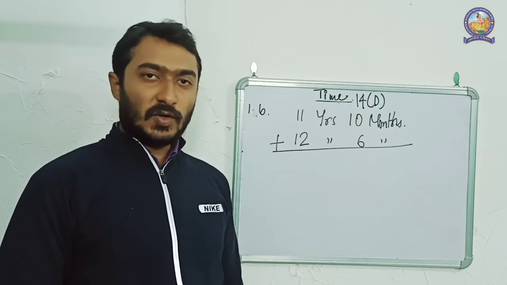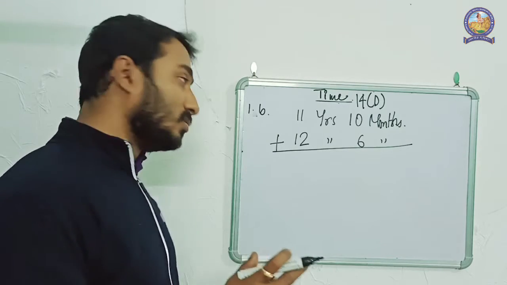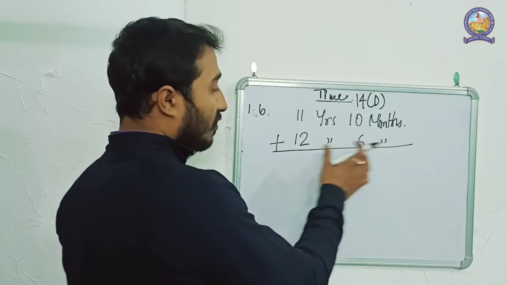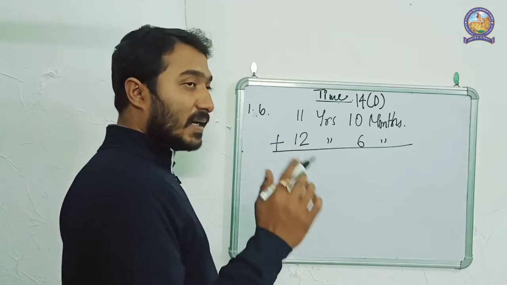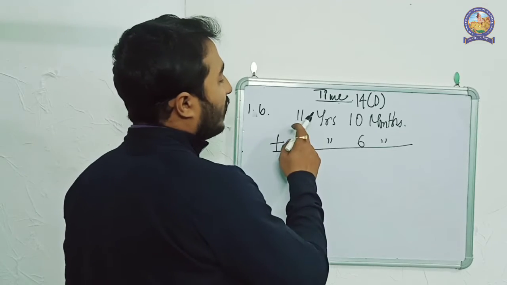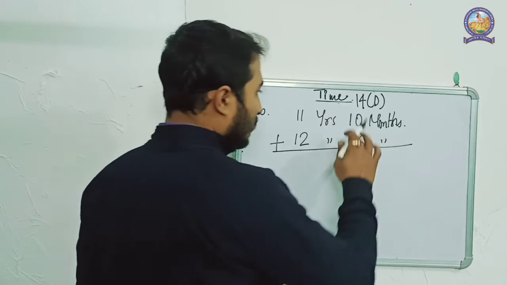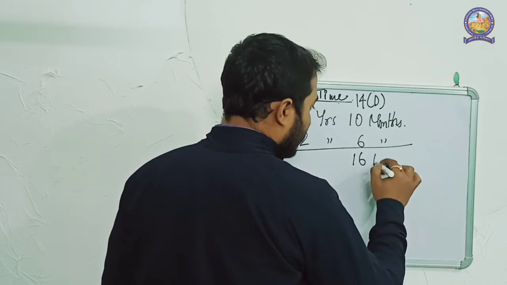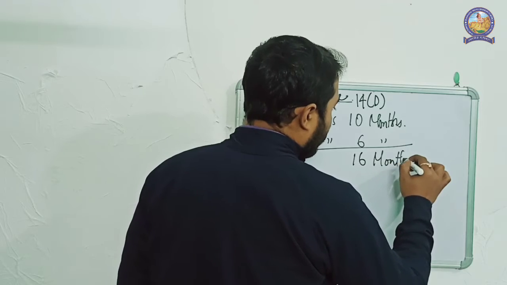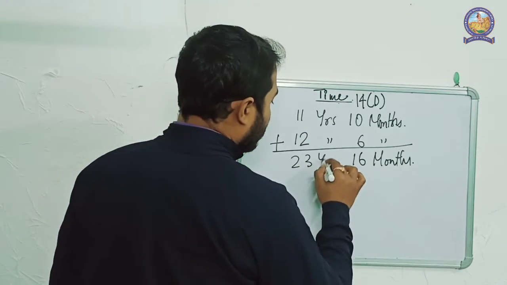Consider this example. In case of addition of two times written in years and months, we have to follow the rule of addition of time, like 12 months equals 1 year. We have to remember this. First we do the simple calculation, that is 16 months, like you have done in hours and minutes, and here it is 23 years.